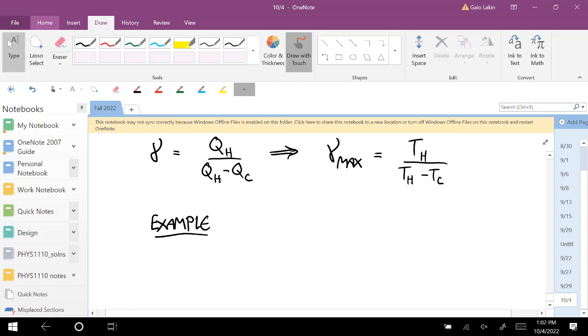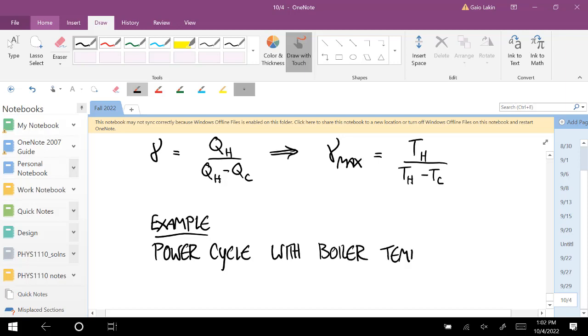Okay, so let's say we have a power cycle with a boiler temperature TH of 500 Kelvin. Remember, when you're doing these ratios, these have to all be in Kelvin or in some absolute scale.